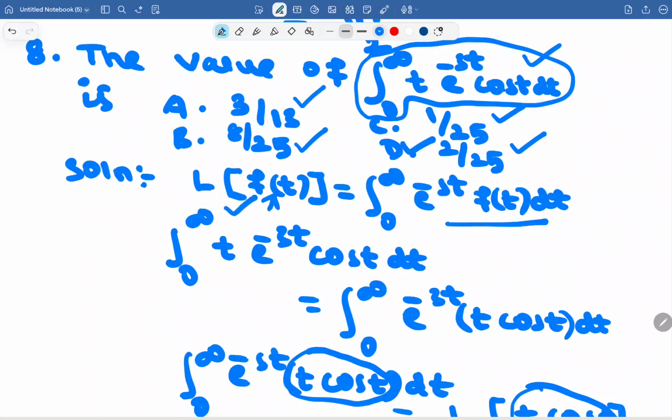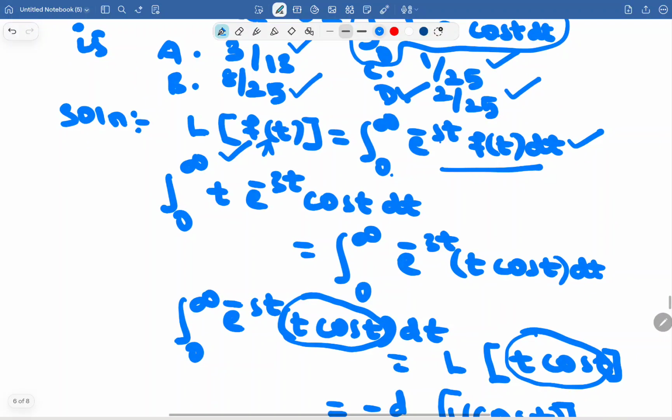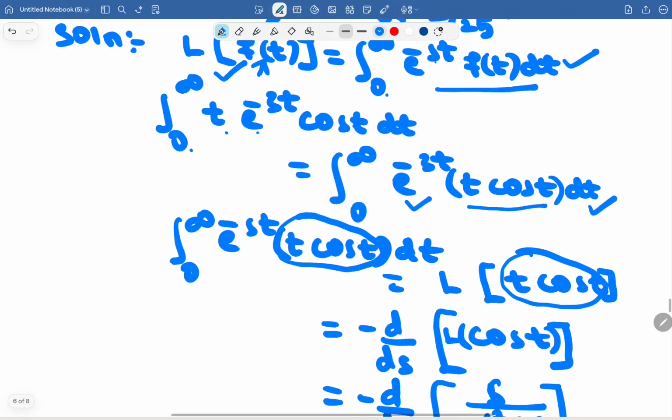We know that L of f of t is integral 0 to infinity e power minus st f of t dt. The given integral is equivalent to integral 0 to infinity e power minus 3t t cos t dt. First of all I am going to find integral 0 to infinity e power minus st t cos t dt.